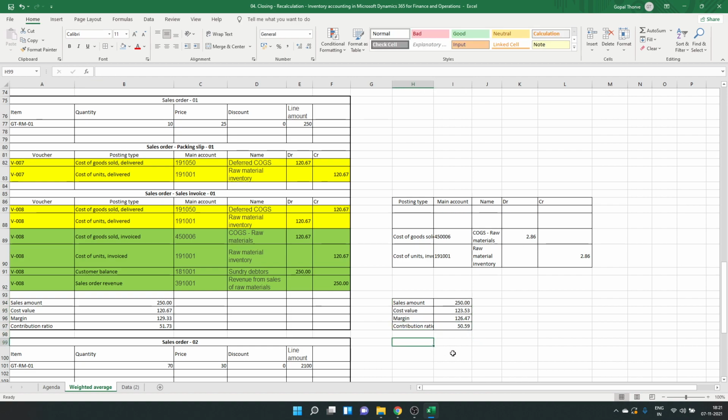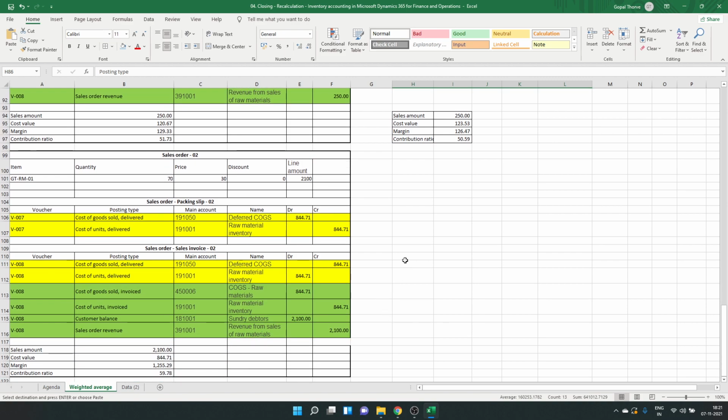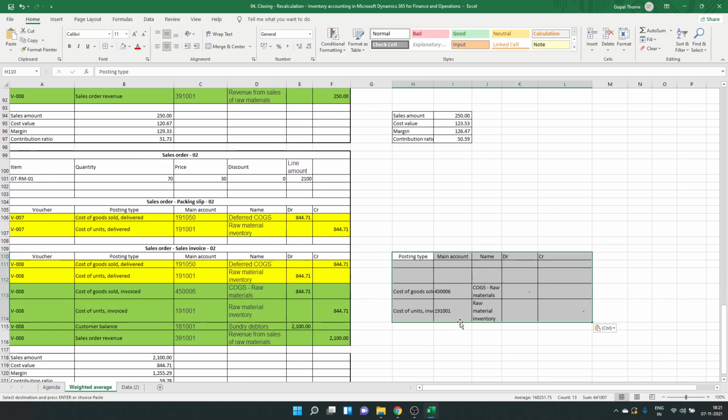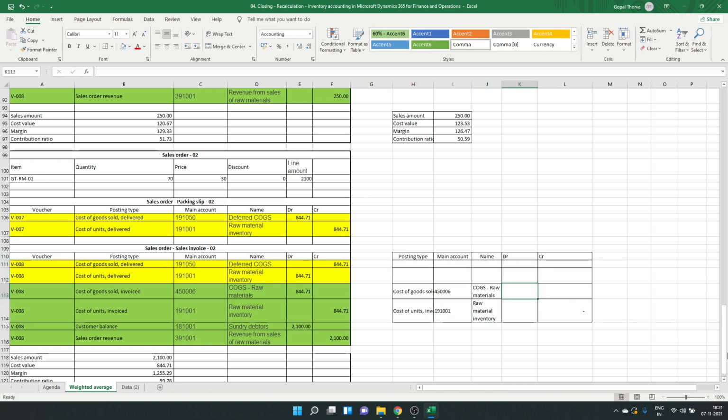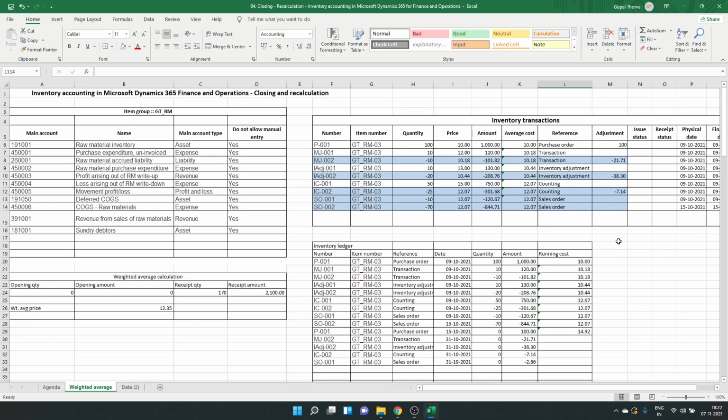Now let's see what has happened to the second transaction. The second sales transaction is for 70 quantity.